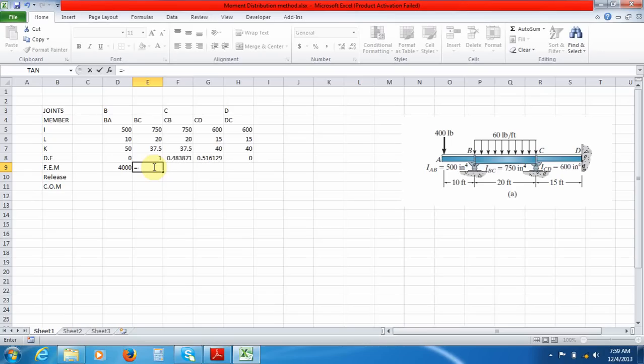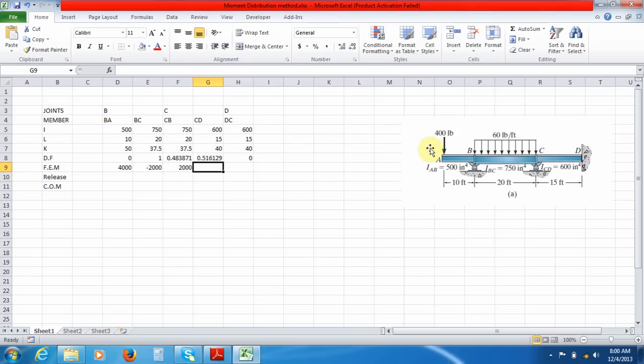So we'll start our member BC with a negative sign, and our formula is WL squared by 12. So W is equal to 60 into L squared. Here L is 20 feet raised to power 2, and divided by 12. So we get minus 2000, and here it will be the negative of this one, which is 2000.